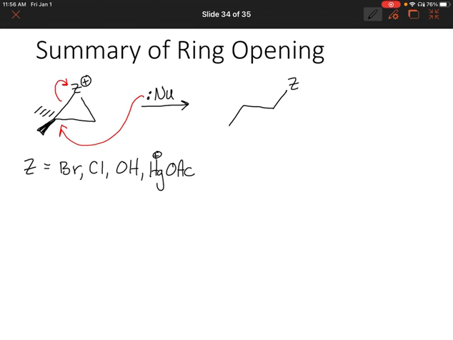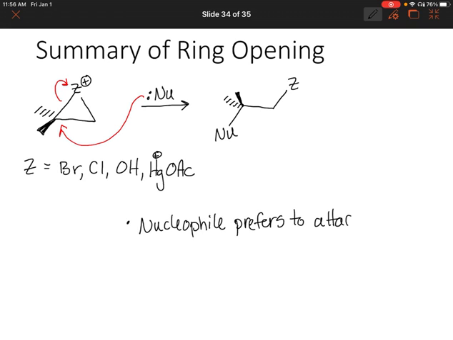All right, so then we open the ring once the nucleophile attacks. And now the groups are opposite each other. And the nucleophile is on the side that's more substituted. So let's just make a note. The nucleophile prefers to attack the more substituted carbon.